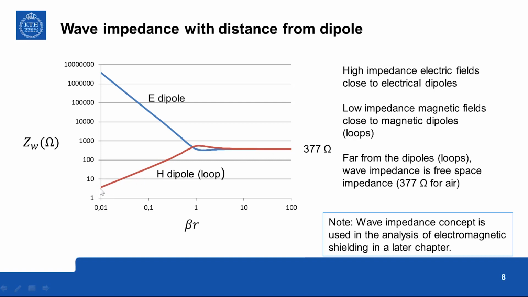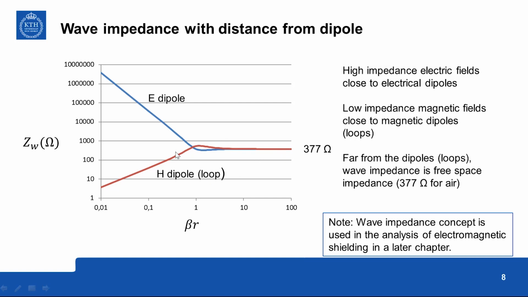You can see that for the magnetic dipole, the impedance starts from a very low value, then as the distance is increased, it reaches 377. For the E dipole, it starts from a high impedance when you are very close, then it comes down and reaches 377.